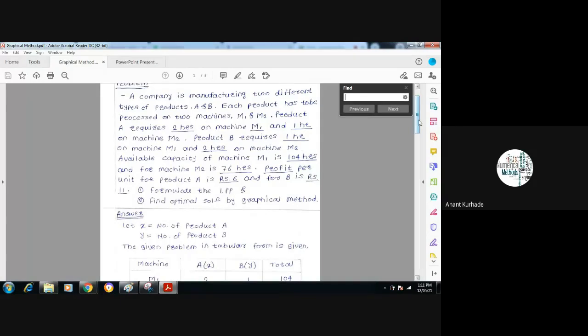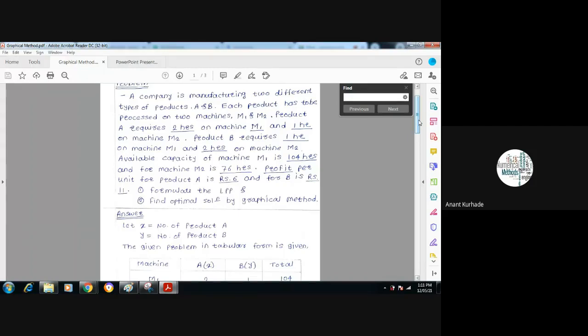So up to this, how many constraints have we been given? Can anyone please tell me? How many machines are there? Just reply.